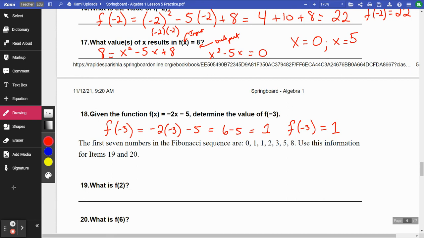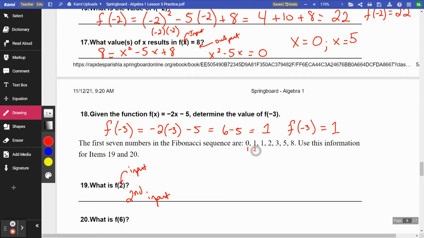The first 7 numbers in the Fibonacci sequence are 0, 1, 1, 2, 3, 5, 8. Use the items for number 19 and 20. So what this is asking here is what is f of 2? Okay. So if that's my input, what is my second input? If I look at my sequence, what's my second input?